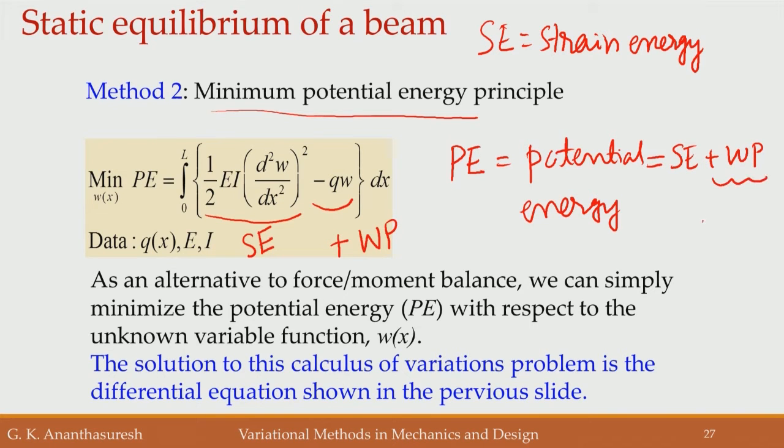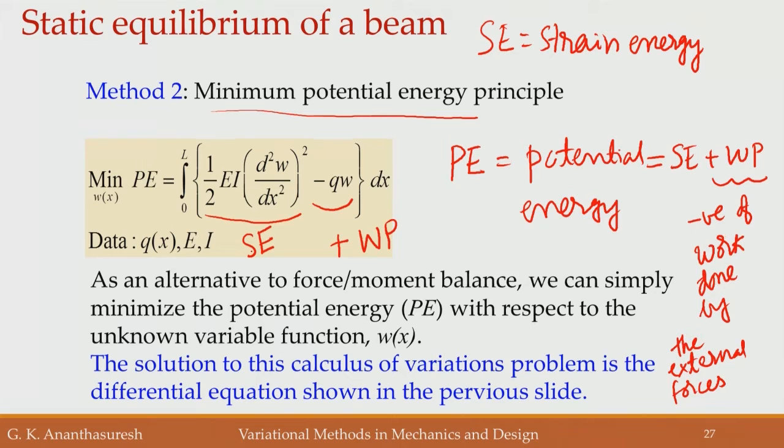this work potential is the negative of work done by only external forces, not the internal forces, and that is the important distinction here. We do not need to worry about forces that are inside or internal forces, we only look at external forces and how much work they have done, negative sign, that becomes work potential.